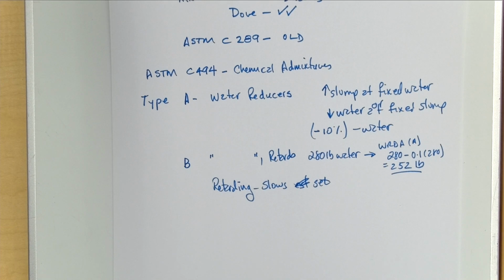Say if it's really hot outside and the concrete is being made hot, we may in fact want to use a retarding water reducer, or just a retarder for that matter, in order to make sure that we are going to get our performance.